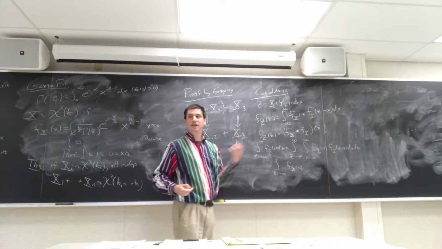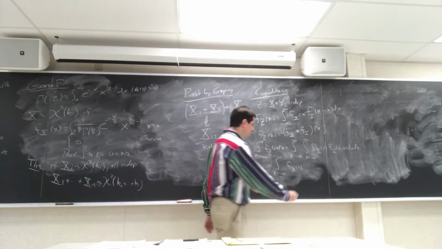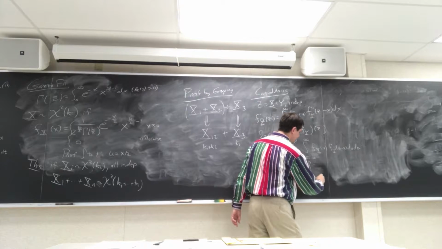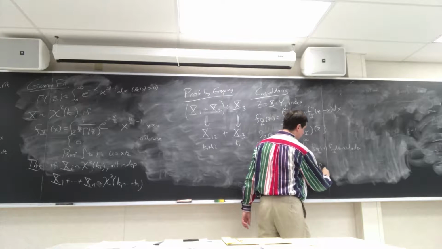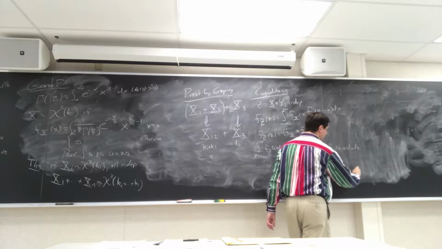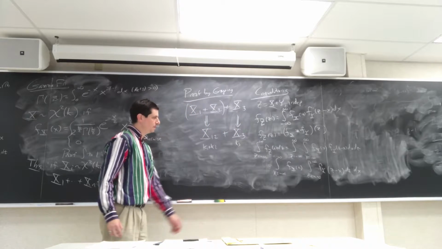And you can see how many of our concepts we're reviewing today by going through this. Okay? And then I have the integral z goes from minus infinity to infinity of f_Y of z minus x dz dx.